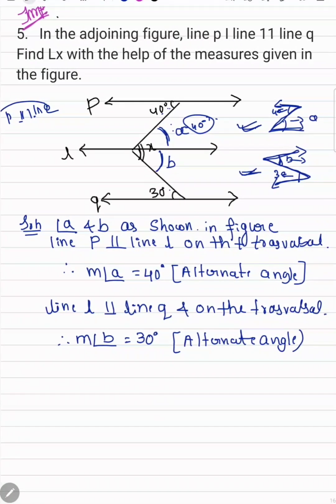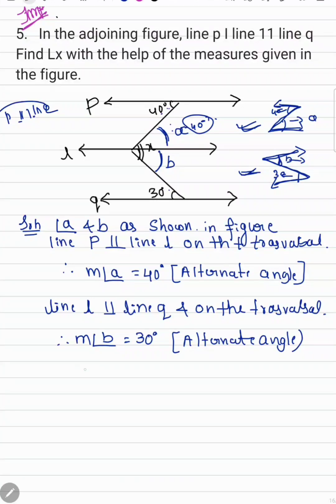Then here we write, therefore, measure of angle A plus measure of angle B is equal to measure of angle X. A is how much? 40 degrees, and B is 30 degrees. Then both are added, it is 70 degrees.